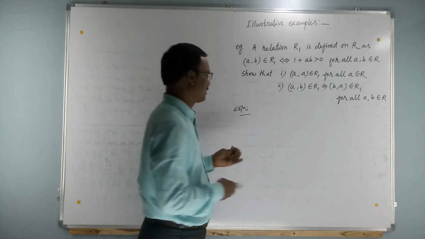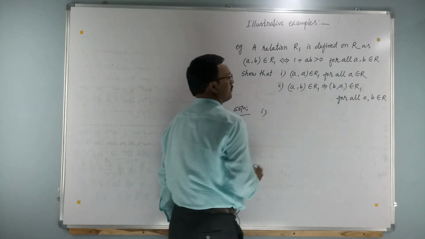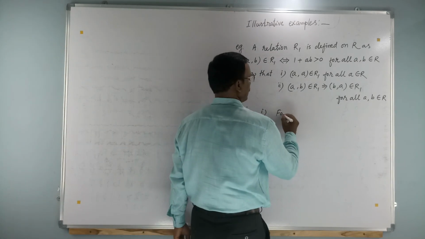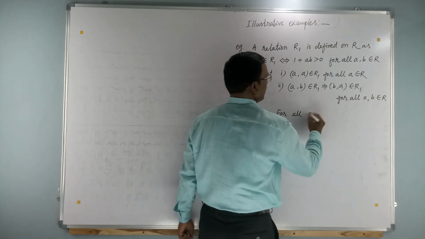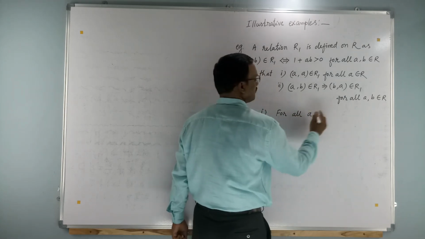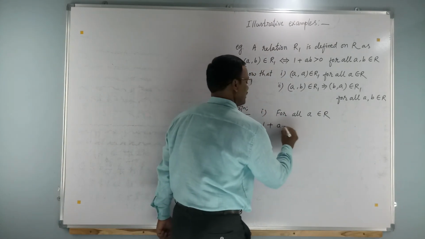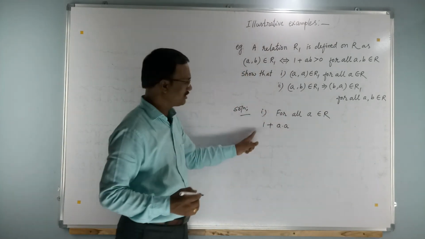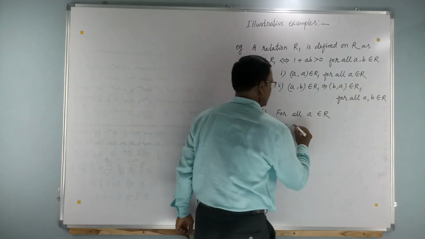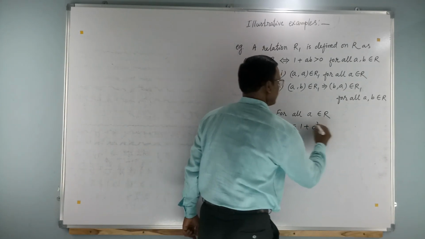So let us prove this. We know that for all A, such a number A belonging to the real numbers, 1 plus A into A, what is 1 plus A into A? That is 1 plus A square.